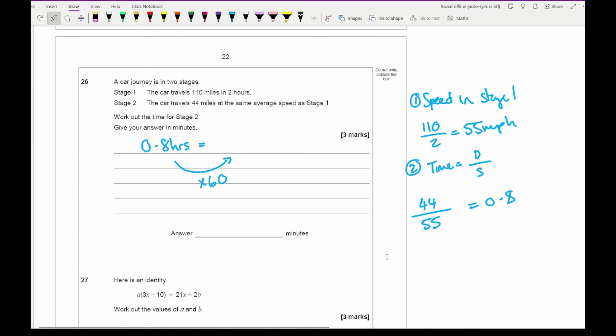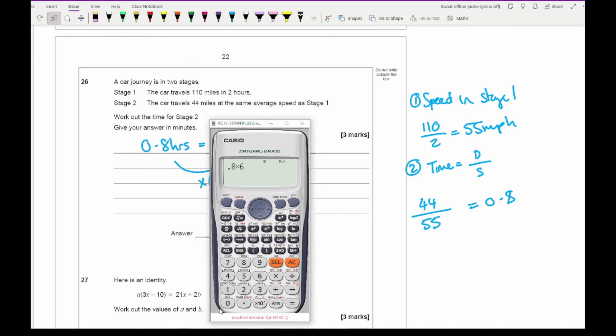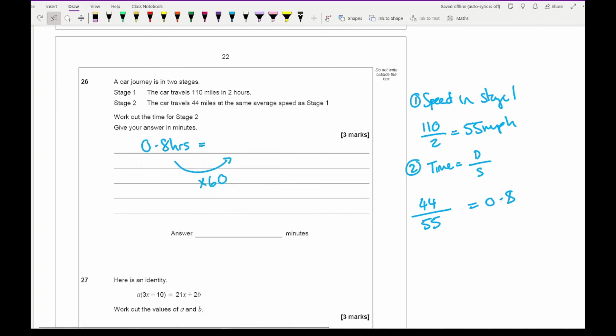So 0.8 times 60 equals 48. It's going to be 48 minutes.